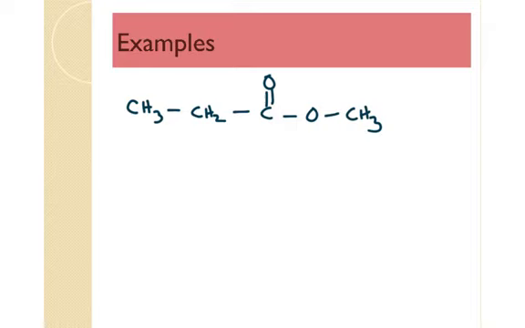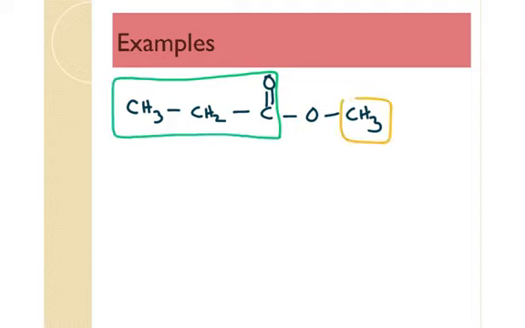So here's our first example, and again we have our two carbon chains. The first one that I'm going to identify, or just put a box around, is the one that has the double bond O. The second one is the one next to the O. This one is the one that gets named first. This one gets named second. This one gets an oate ending, and this one gets a yl ending.